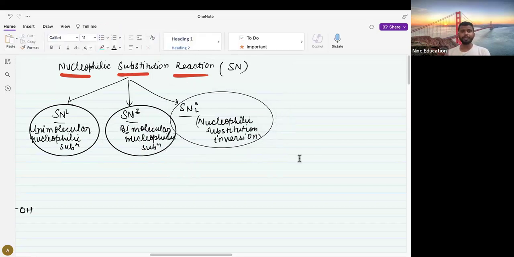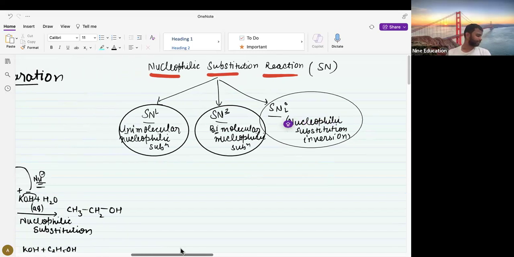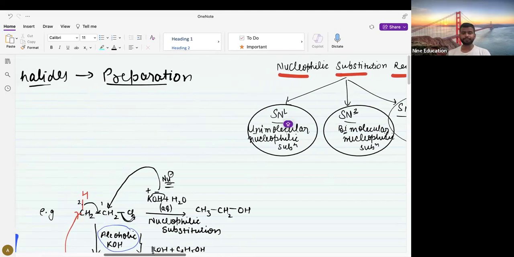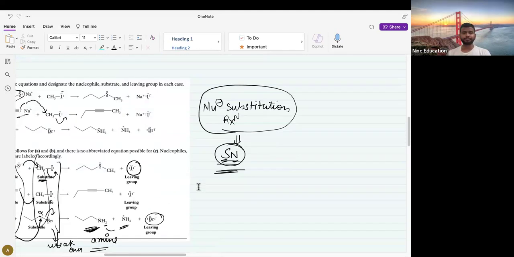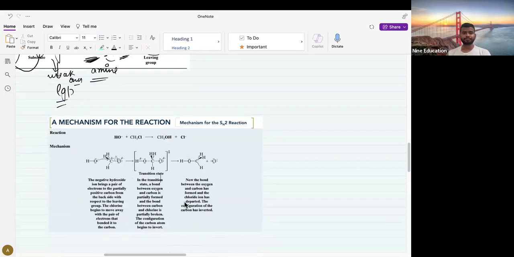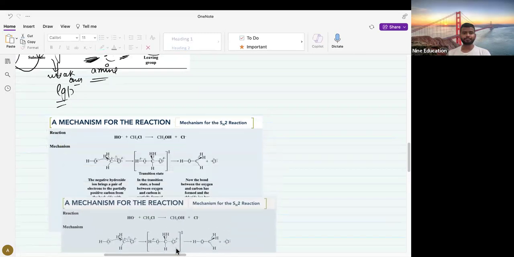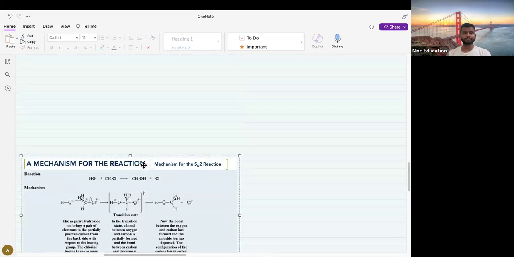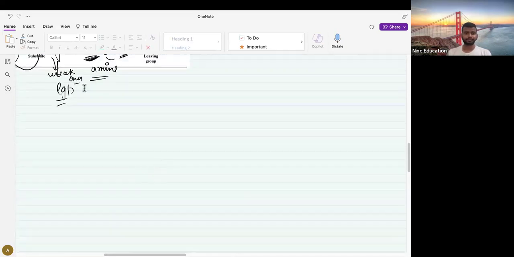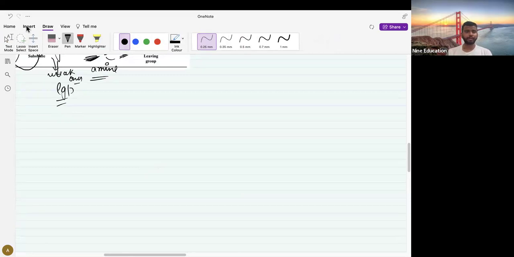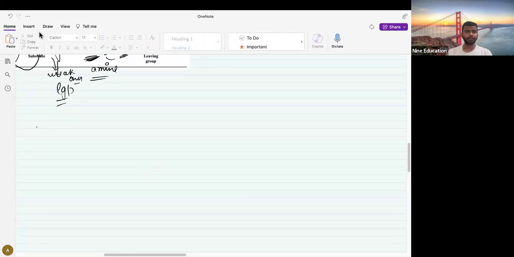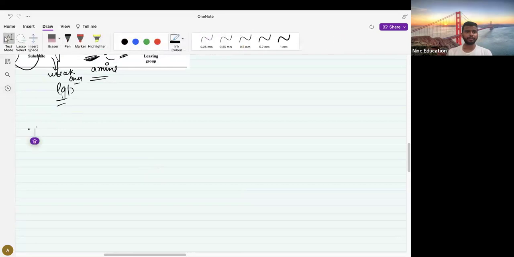So today we will study SN2 reaction. आज हम SN2 reaction पढ़ेंगे. देखते हैं. देखें, so today's our topic will be SN2 reaction.